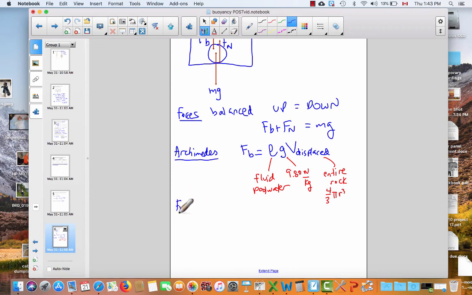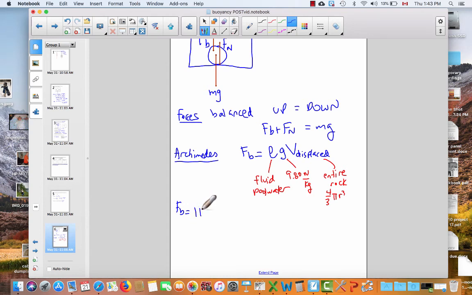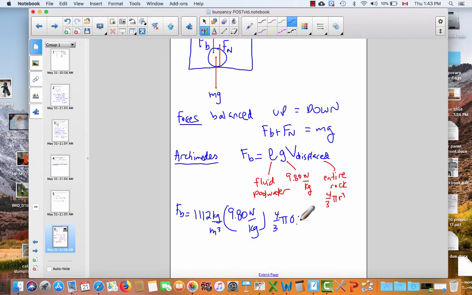So we'll substitute in the given values. So that was 1112 for the density, 9.80 newtons for every kilogram is the gravity field, and then we have 4/3 pi. It was a 25 centimeter radius rock.